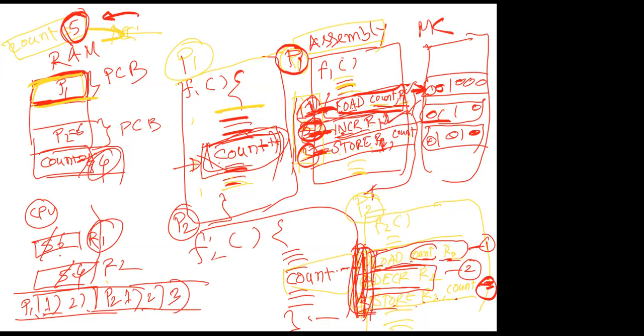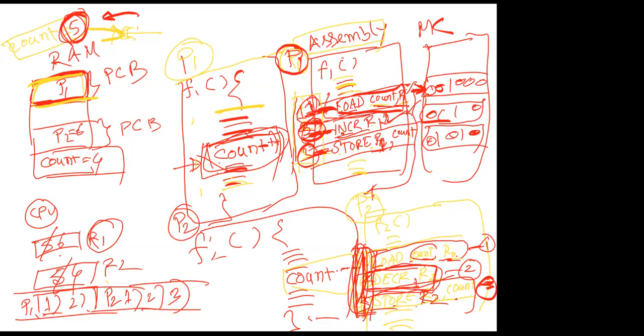The count value is 5, so you load 5 into R2. Then you decrement the count value in the second line, by 1, so it goes from 5 to 4. Then you store this R2 value to the count. So 4 will be stored in the shared memory count variable. And then it's done.